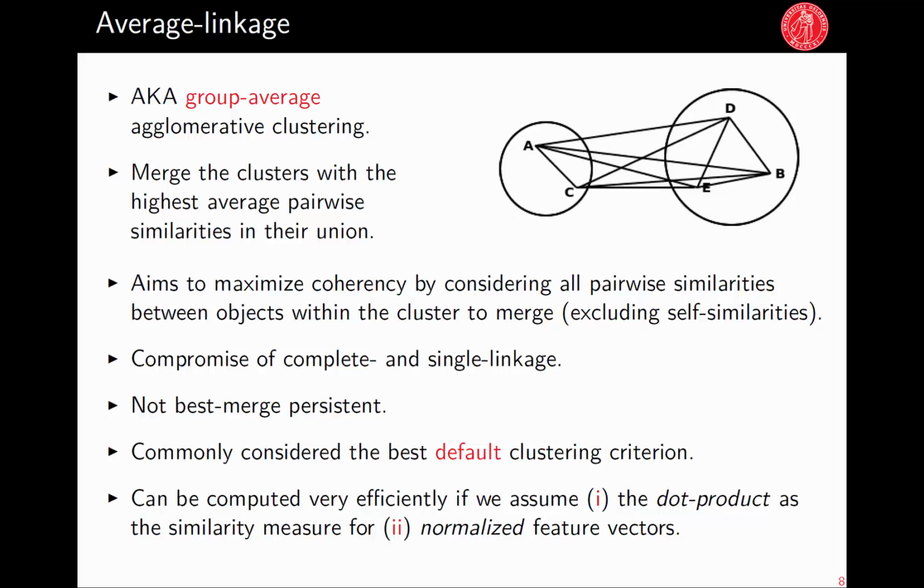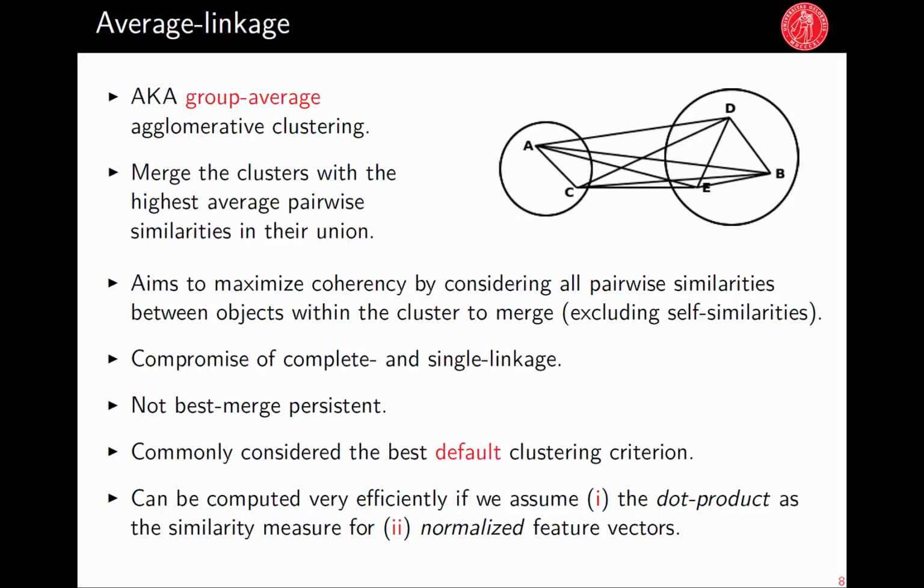This is typically regarded as the most robust, out of the box, of these similarity measures that we'll discuss, and typically regarded as the default criterion, if you don't have any other good reasons for choosing one of the others.